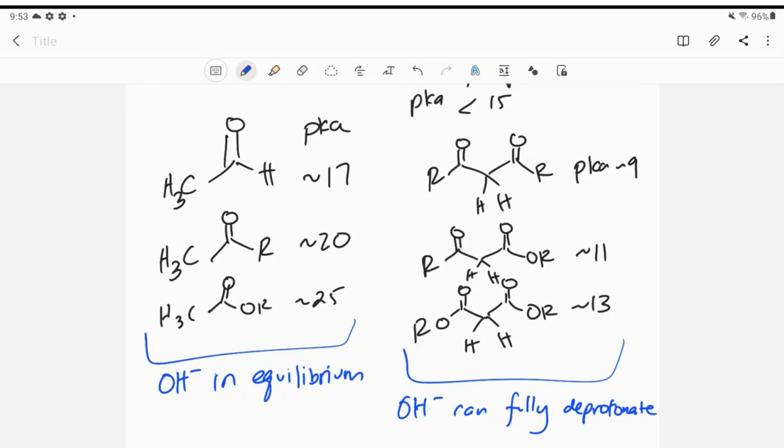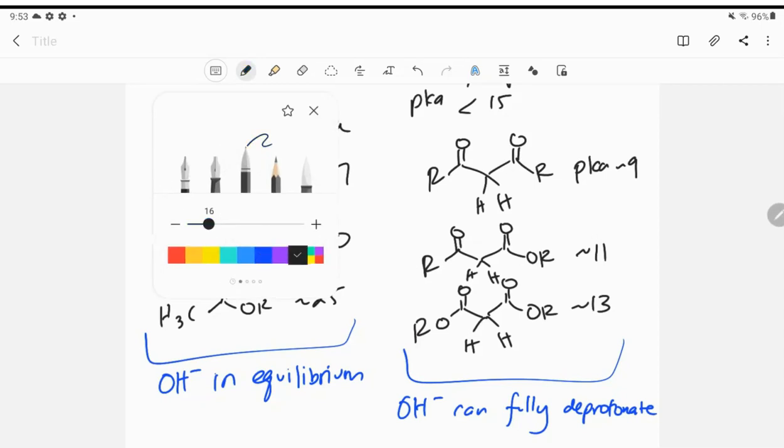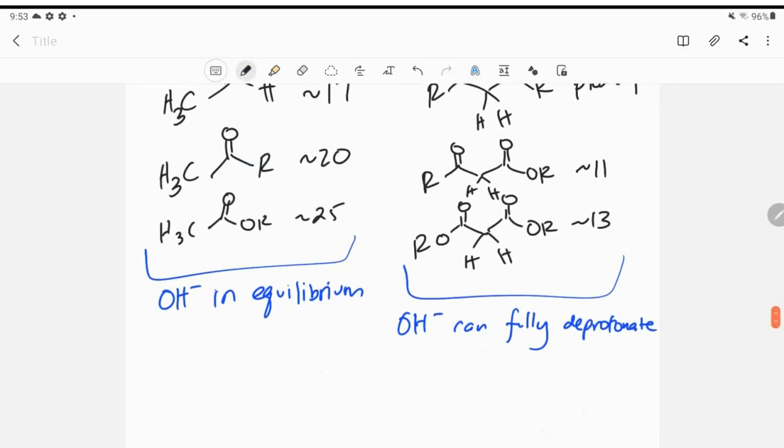We're going to see that in order to really get these left three to go, the aldehyde, ketone, or ester, just the mono form of all those things, we're going to typically want a stronger base. So if we want to irreversibly or fully deprotonate them, we're going to want to use a stronger base.